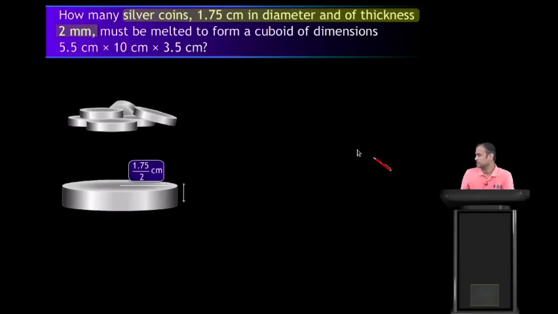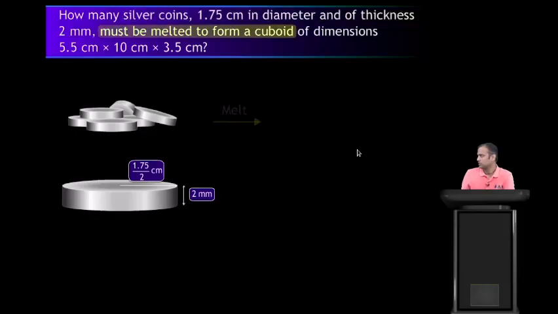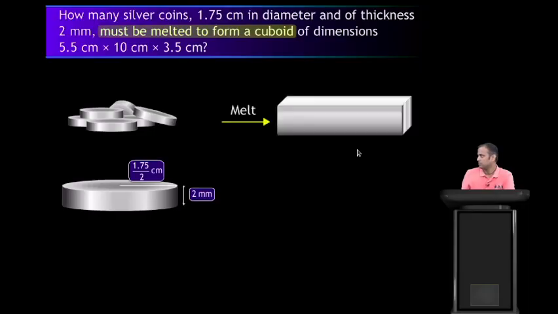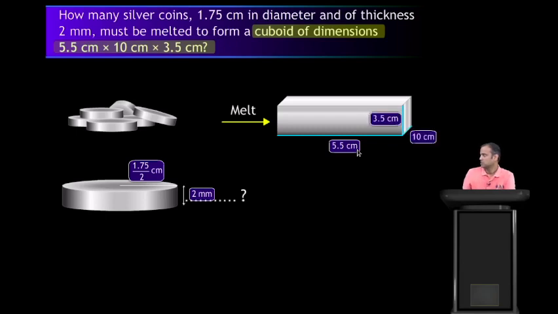Here radius and height are given to us. After melting, it forms a block of cuboid whose dimensions are given to us. So here first we have to change all the units into the same unit.